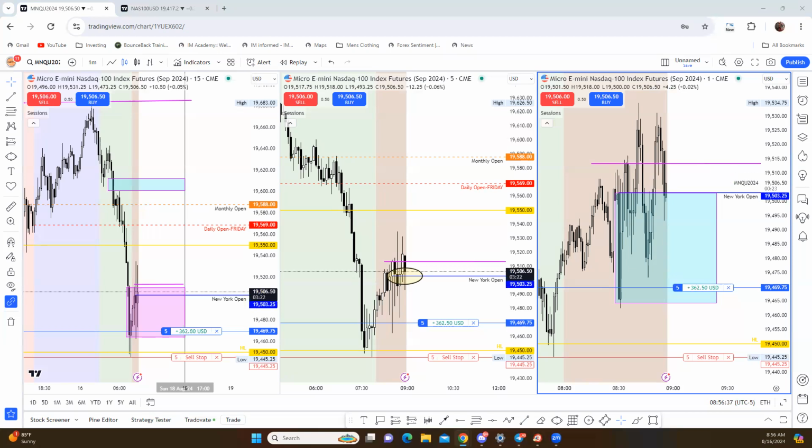I like how that 5 minute is looking, how it's testing off that level. So we want a strong 15-minute close here on the far left.